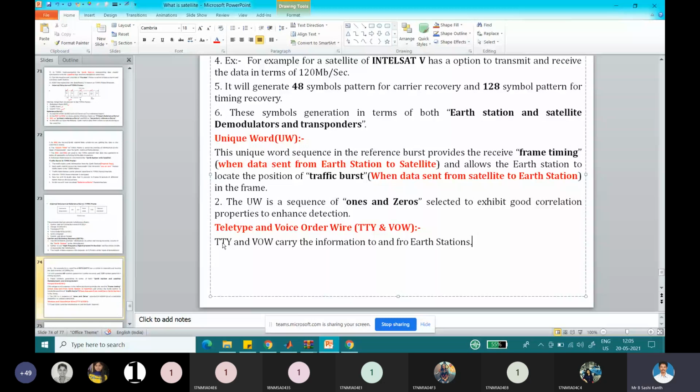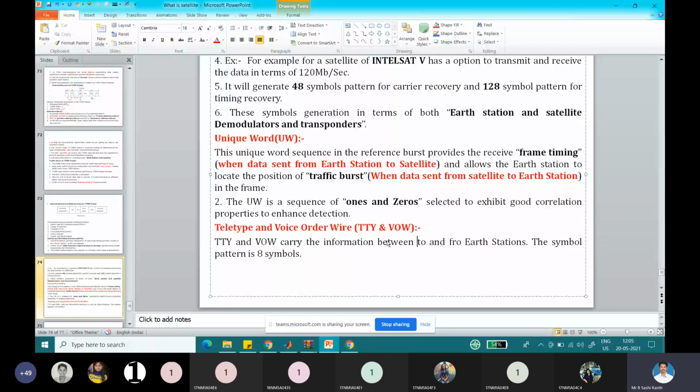The symbol pattern is 8 symbols. TTY and voice order wire carry the information to and fro between earth stations, and the symbol pattern is 8 symbols we have.